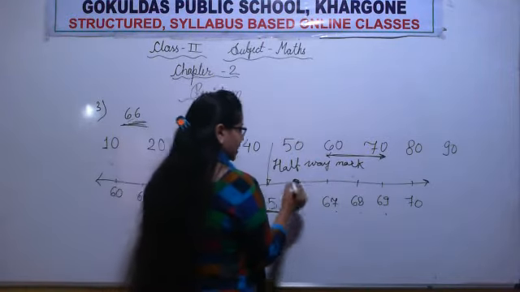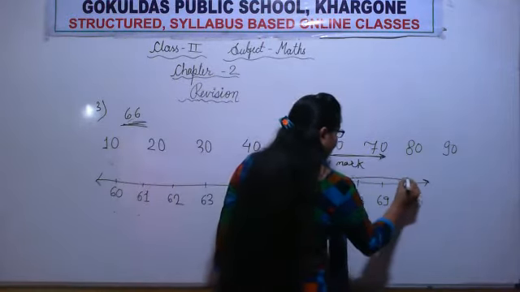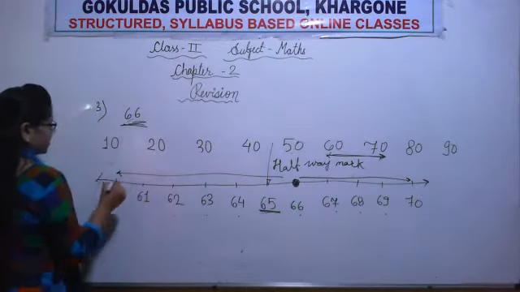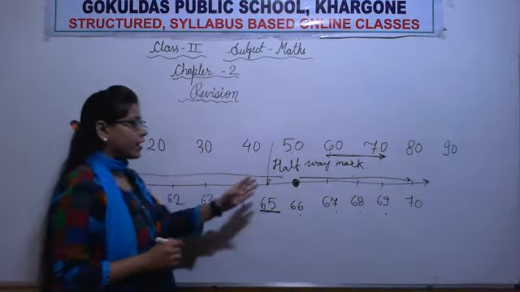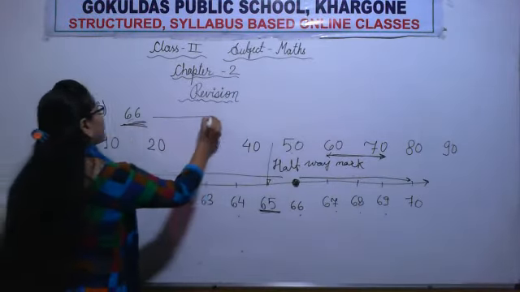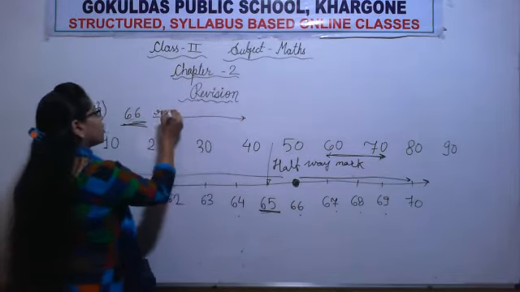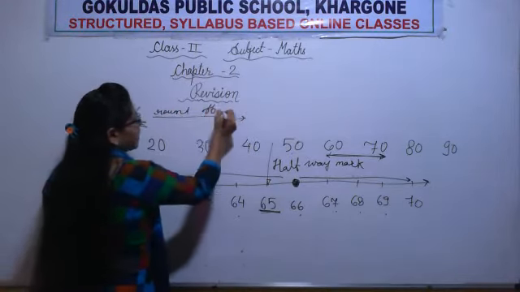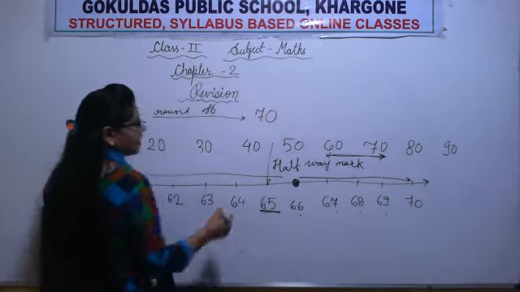Or we can see that this distance is less, but this distance is more, so we will round it up to 70. So when we round off 66, we will get 70.